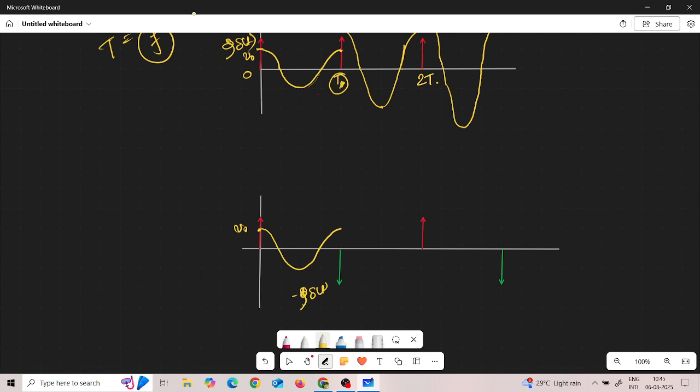So what will happen, due to this pulse another voltage is generated across the capacitor, but this is opposite as compared to the previous one. This will be minus V naught. So this is plus V naught and this is minus V naught, so both will cancel each other. So our equivalent output becomes 0 volt.